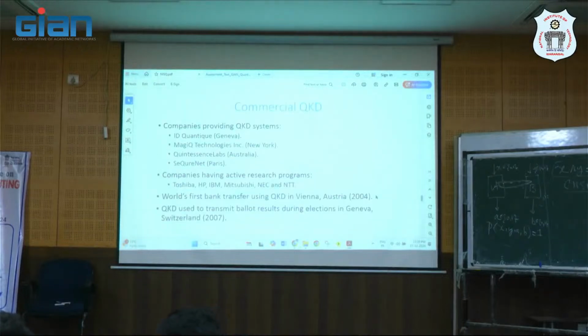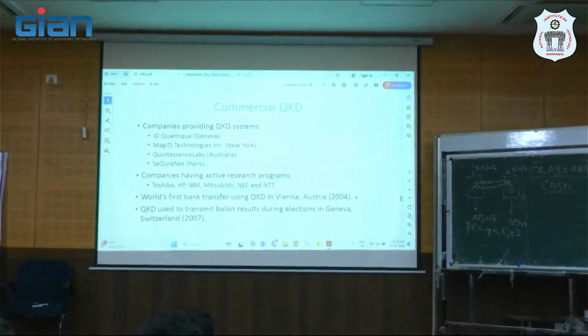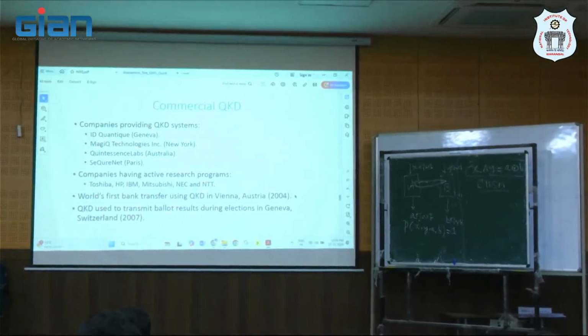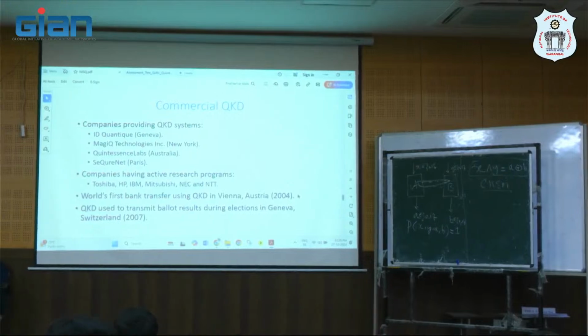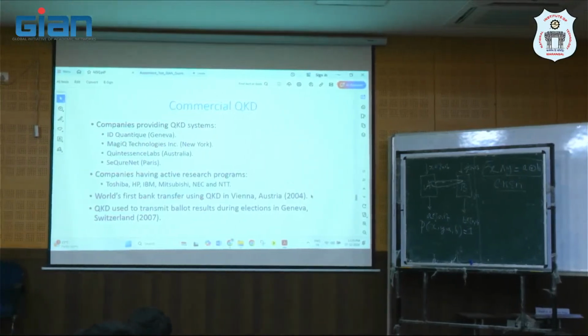There are several companies working on QKD systems: ID Quantique, MagiQ, Quintessence Labs, several Japanese companies, Toshiba, Mitsubishi, NEC, NTT, etc. They have done the world's first bank transfer using QKD in Vienna, and QKD was used to transmit ballot results in Geneva, etc. So people have done a few things with QKD.